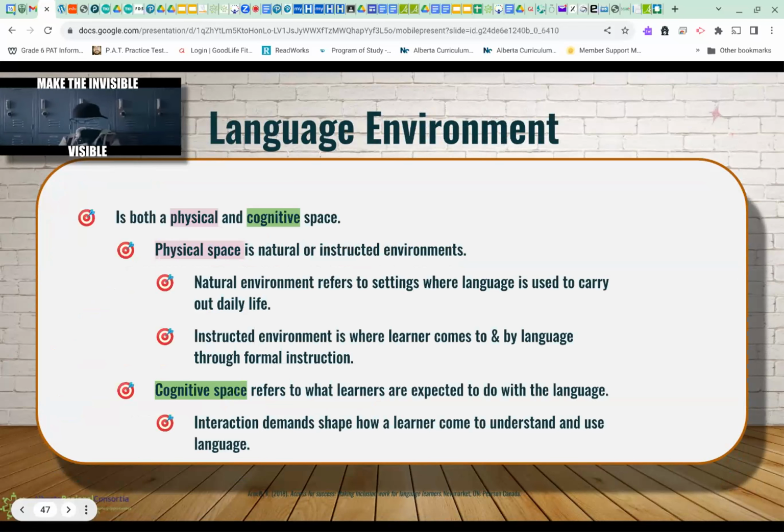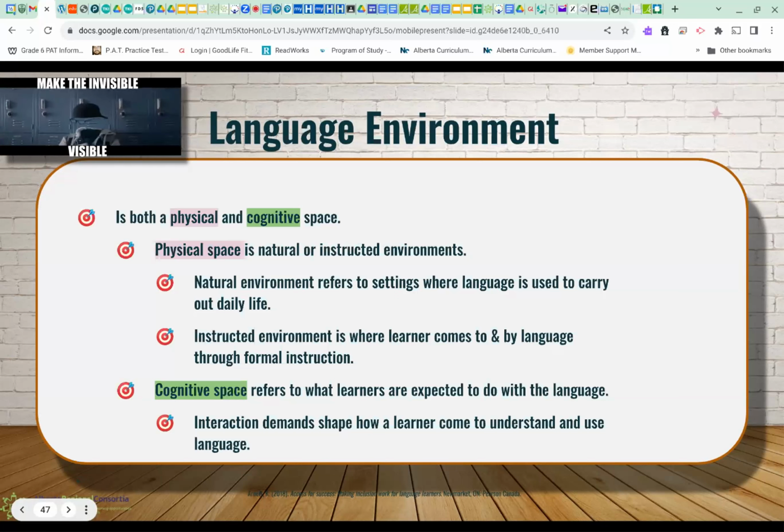The physical space is where language is used to carry out daily life. When you think about word walls or visuals, just like if you're traveling abroad, those pieces help students understand what they need to complete a task.